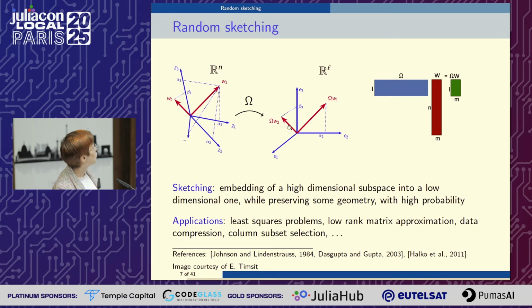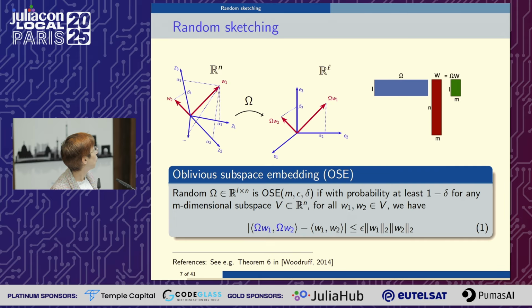And it has been used successfully for computing low-rank matrix approximation. So randomized SVD is really something which is very used nowadays, solving least squares problems, solving the column subset selection problem, and so on. But today we are going to focus on Krylov methods.